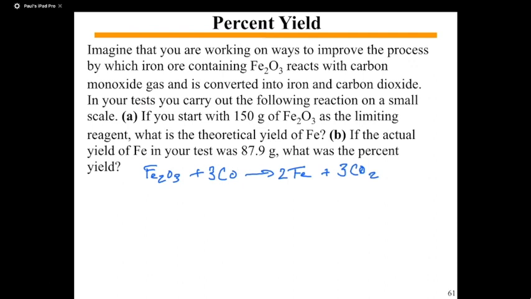Okay? First thing, write the equation. Second thing, balance it. That's why we give you 20 balancing things. Third thing, what do we do? Convert what to what?